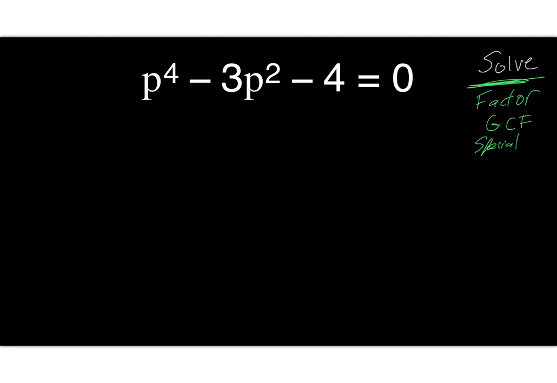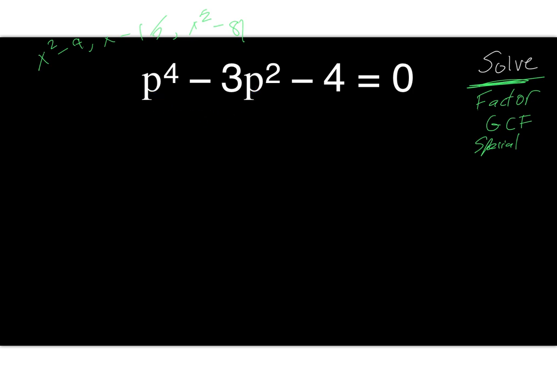The only special form we've really spent time on is this one, x squared minus 9, or x squared minus 16, or x squared minus 81, where it's x squared minus another number that's squared. I've also not really done much with p to the 4th versus p squared.